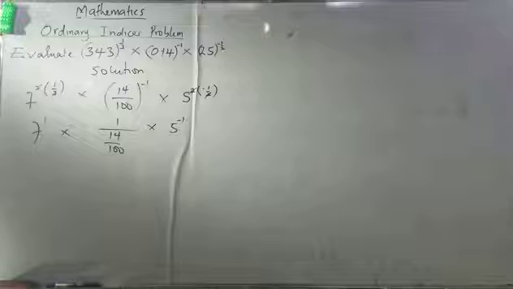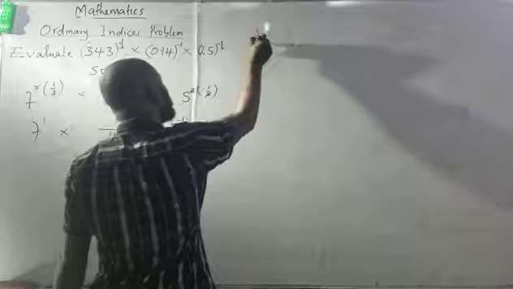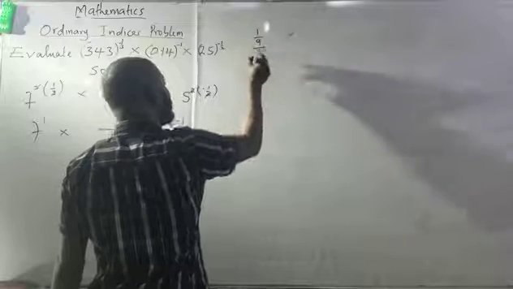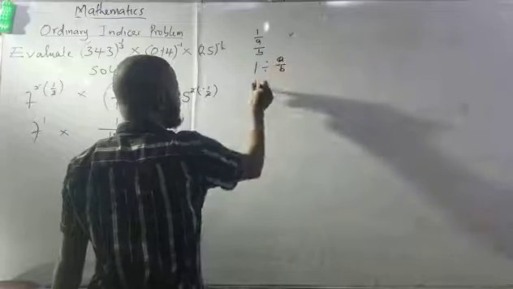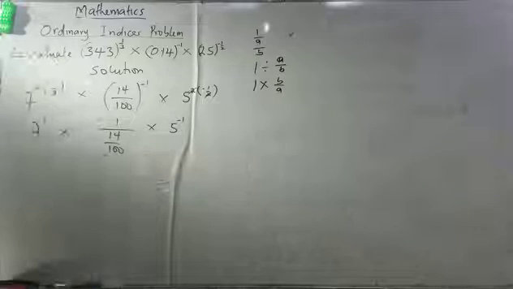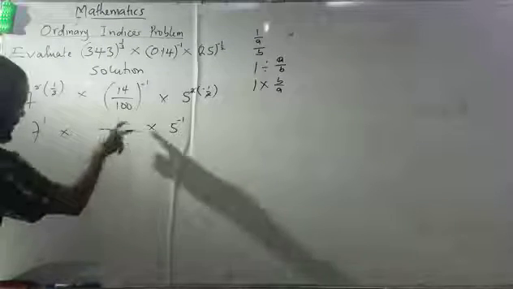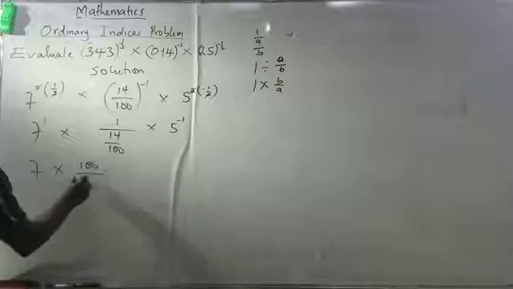Take note of this very well. Now, when it comes to inverse, 1 all over A all over B is 1 divided by A all over B, which is 1 multiplied by B all over A. Take note of that. I think you can see that the inverse of this question will be 7 multiplied by 100 divided by 14.